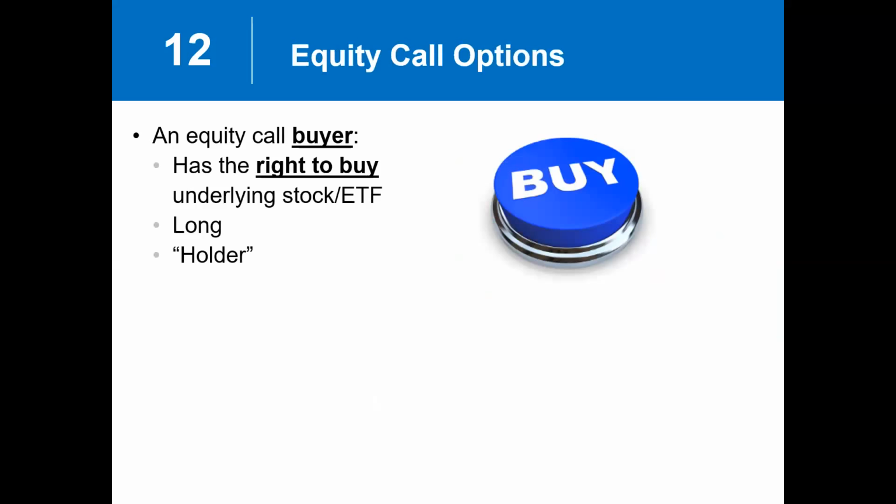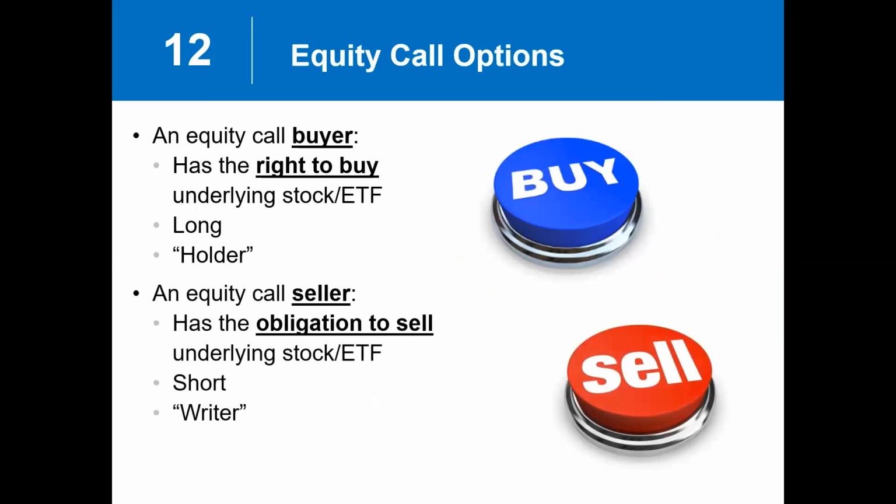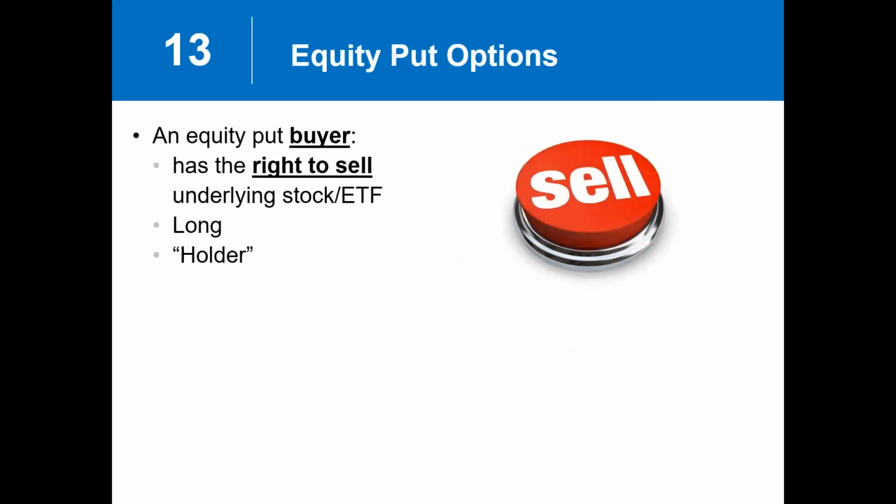Equity call buyers have the right to buy that underlying stock or ETF. The lingo in the industry is often, I'm long the call or I'm a holder of the call. The equity seller, on the other hand, takes on the obligation to sell the underlying stock, index, or ETF. And that lingo is being short or actually the writer of the option. That's on the call side.